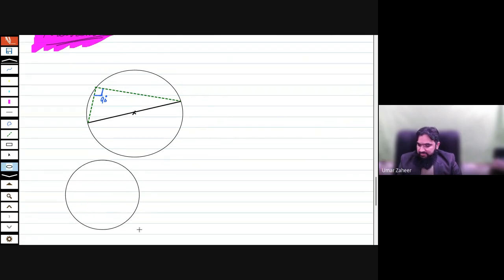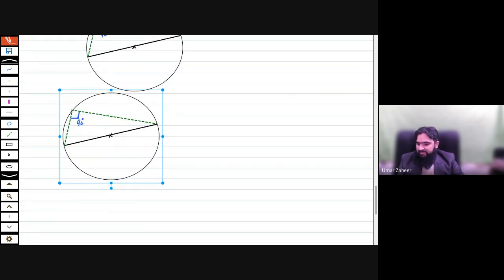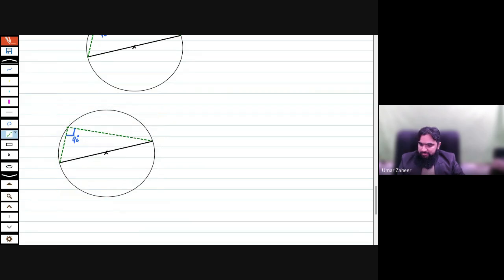Let's say we have a circle. I'm going to take the circle again and make it different. Let's say I make the angle here. It is subtended from the diameter, so I'm pretty sure it must be 90 degrees. I'm going to make the angle here.